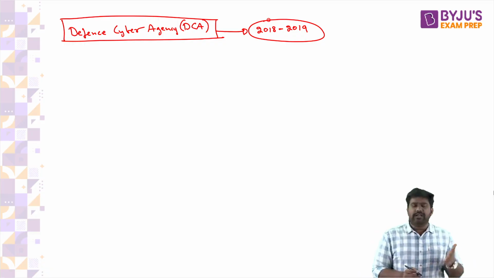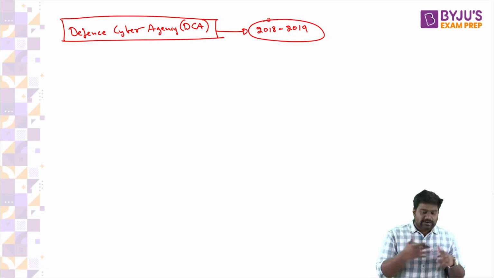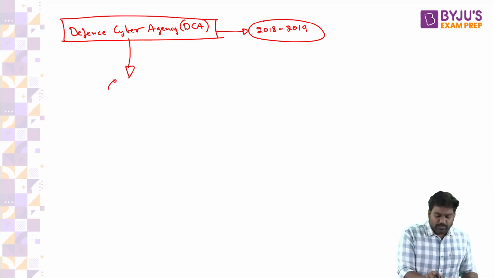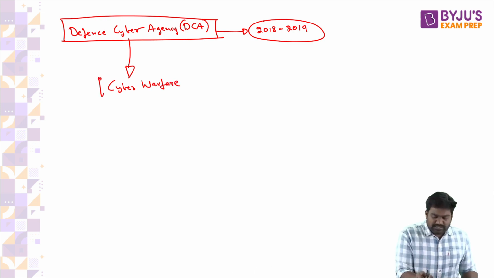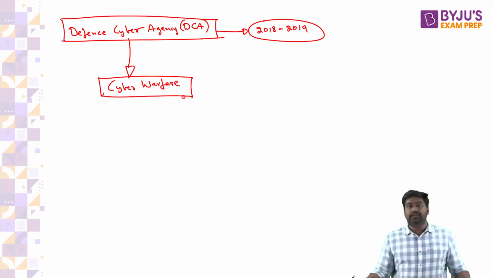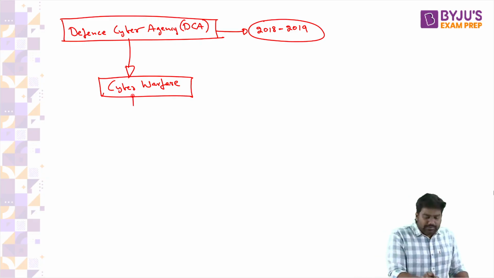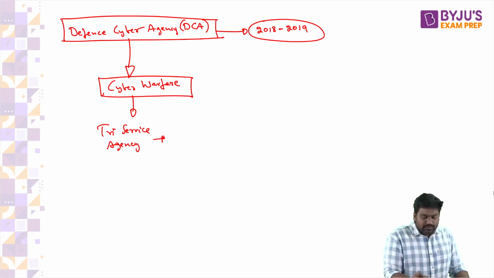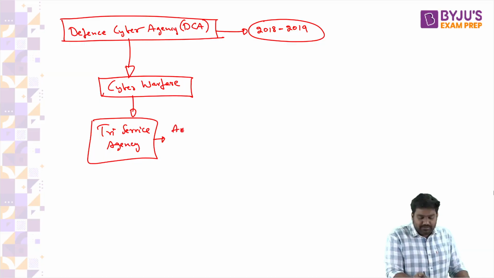These were long pending recommendations. Since Kargil war, we had some important committees that had recommended such an institution, a military force, an armed force, to deal with cyber warfare. So finally, such an agency has been established called Defense Cyber Agency. It will be a tri-service agency. It draws personnel from all three services, from Army, Navy, and Air Force.